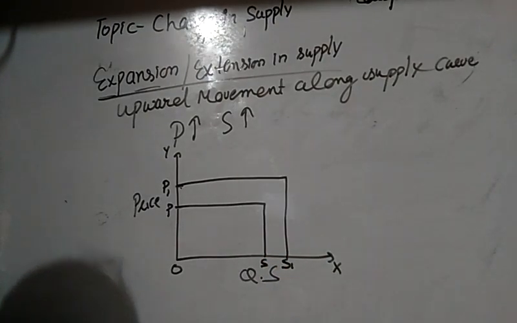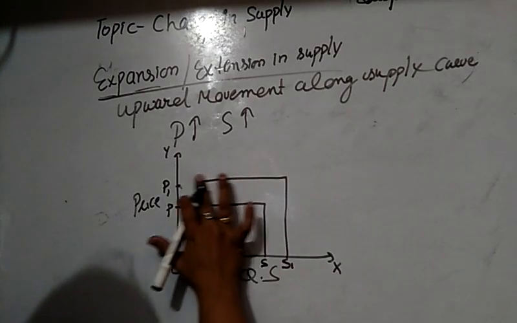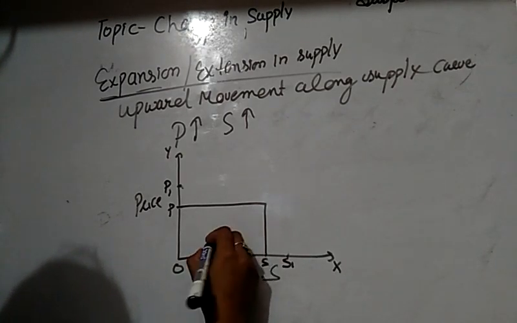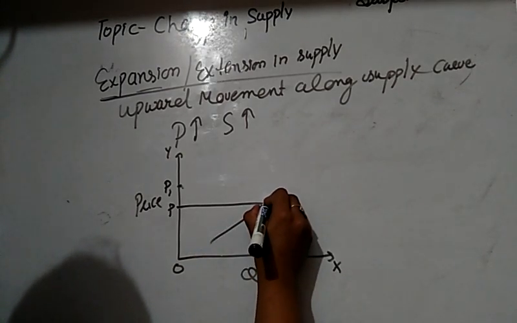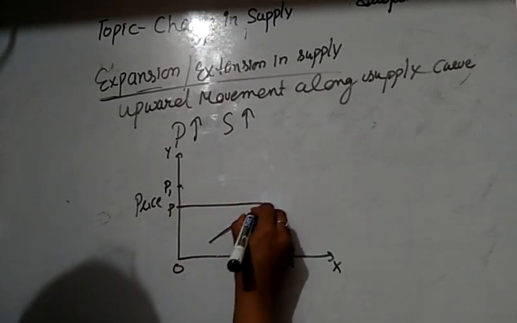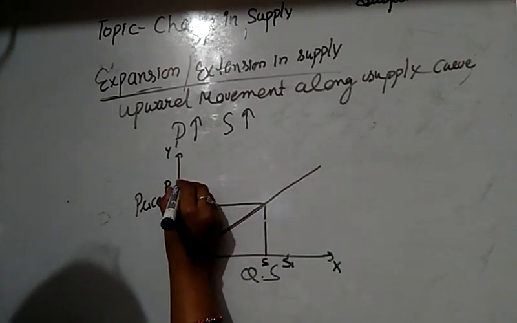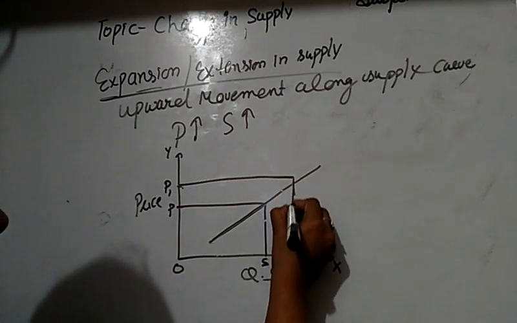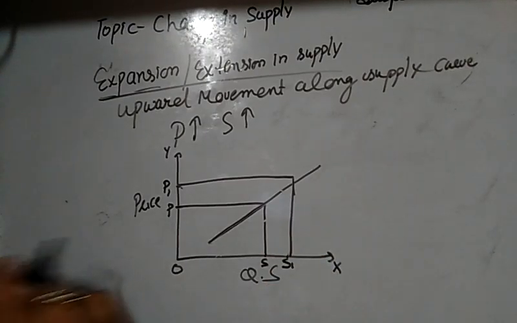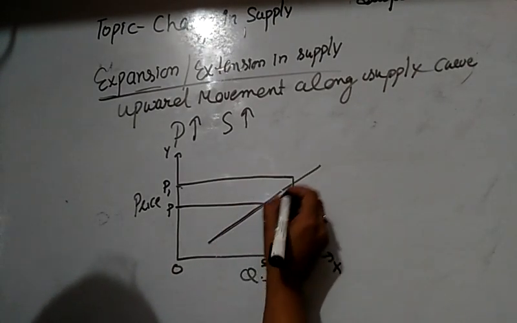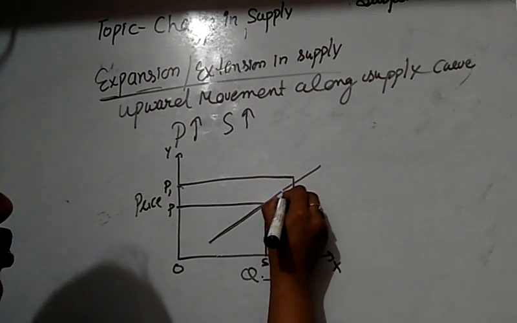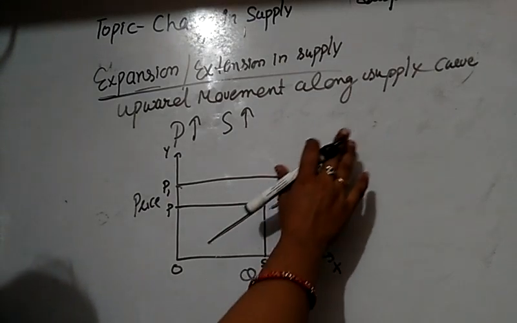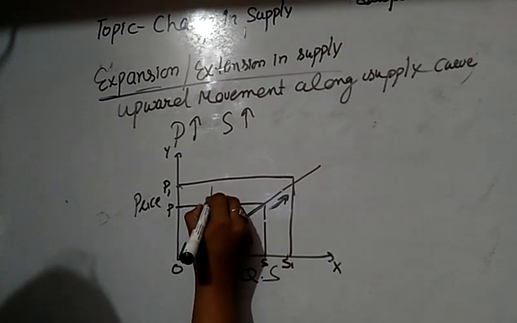When price is P, the supply curve is this. When price increases to P1, supply is S1. At that time the supply curve moves upward.